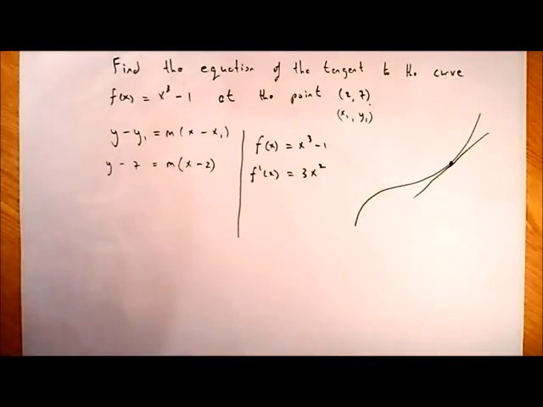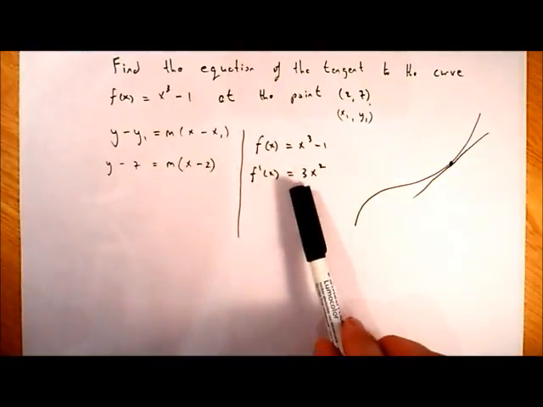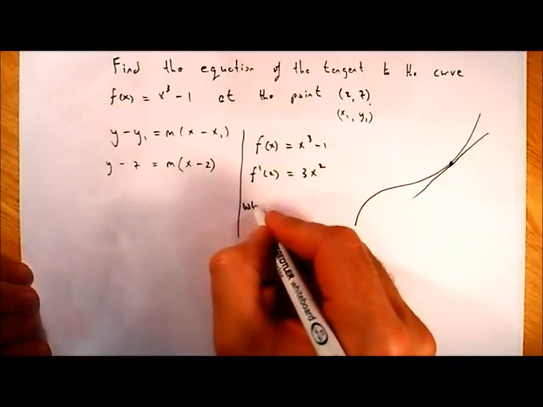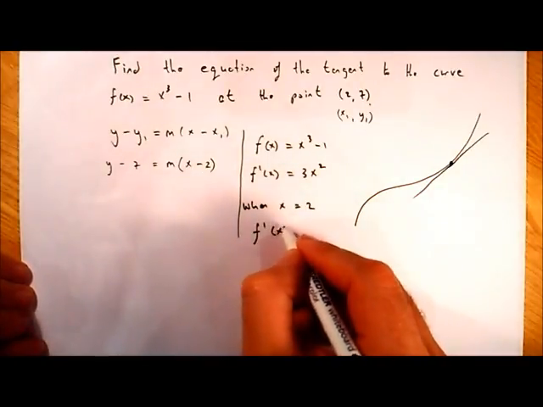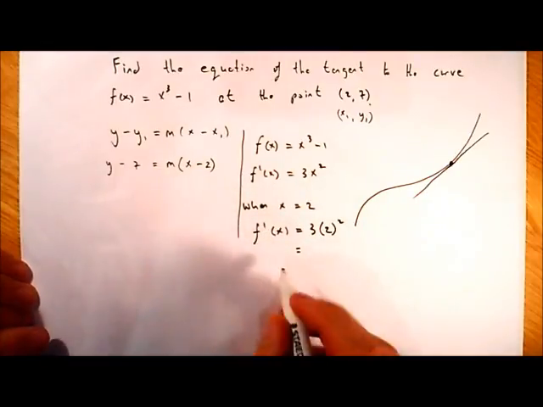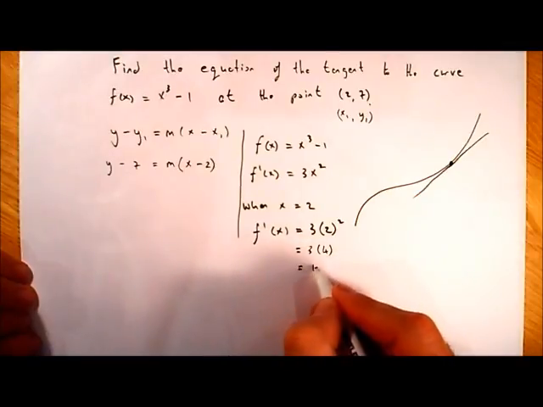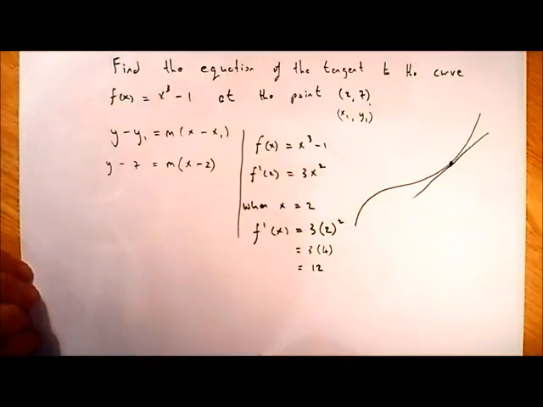I just have to fill in x equals 2 into f dash of x. So when x equals 2, f dash of x is equal to 3 by 2 squared, which is 3 by 4, which is 12. So it's a fairly steep slope, which is 12.